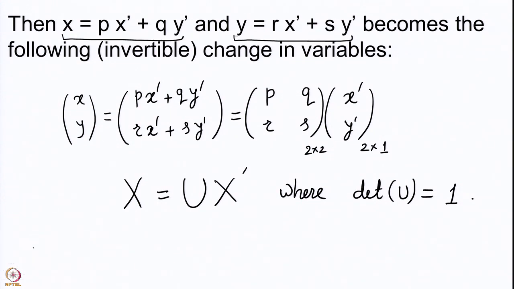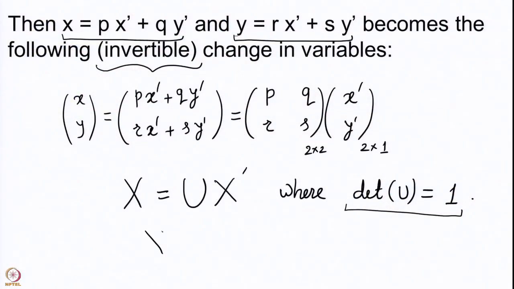Before we go further, let me also tell you why this change of variables is invertible. This is precisely because the determinant of the matrix U is 1. So, we have a 2 by 2 matrix with integer entries. If its determinant is 1 or minus 1, then its inverse is also going to have integer values. The entries in the inverse are also integral.